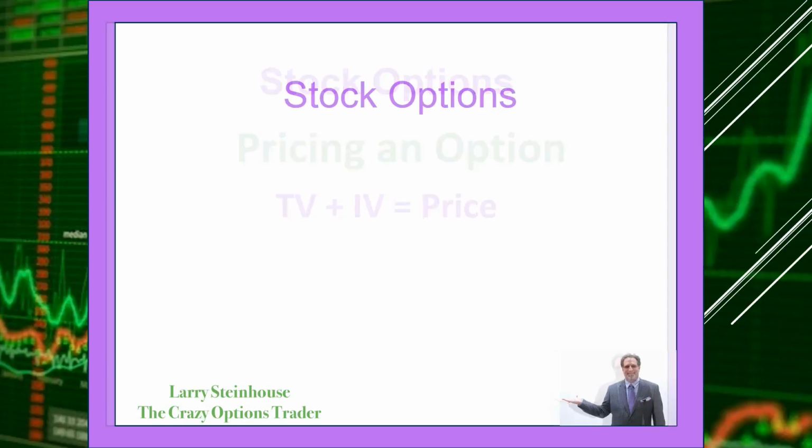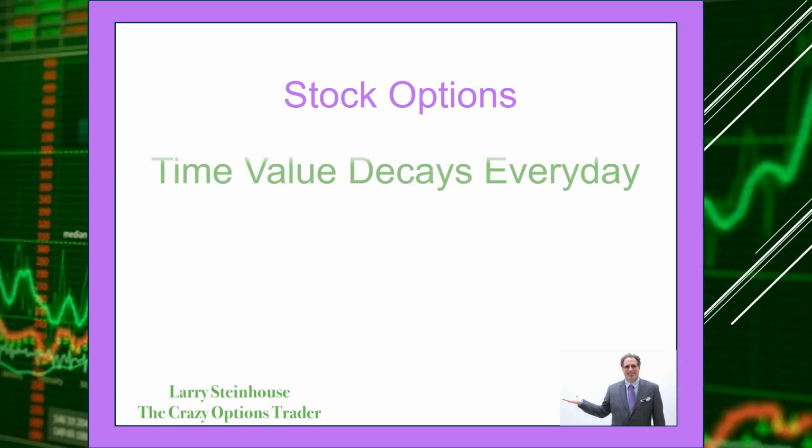Now, time value decays every day. So think about this. The closer you get to the time expiration date, the more the value of the time goes down. So if you paid $4 today, it might be $3.90 tomorrow. It might be $3.80 the next day. So the time value decays. So if the stock doesn't move, for example, and it stays at exactly the same price, you're losing money because the time value is decaying.